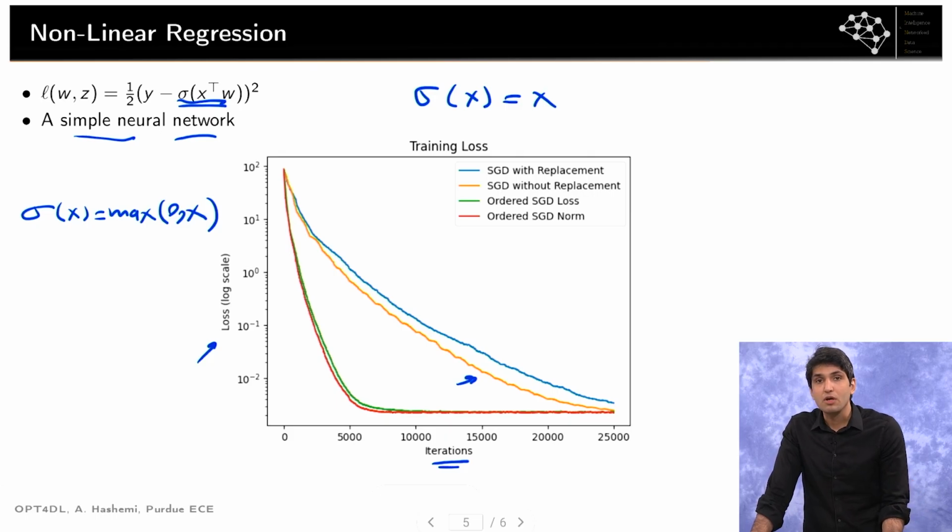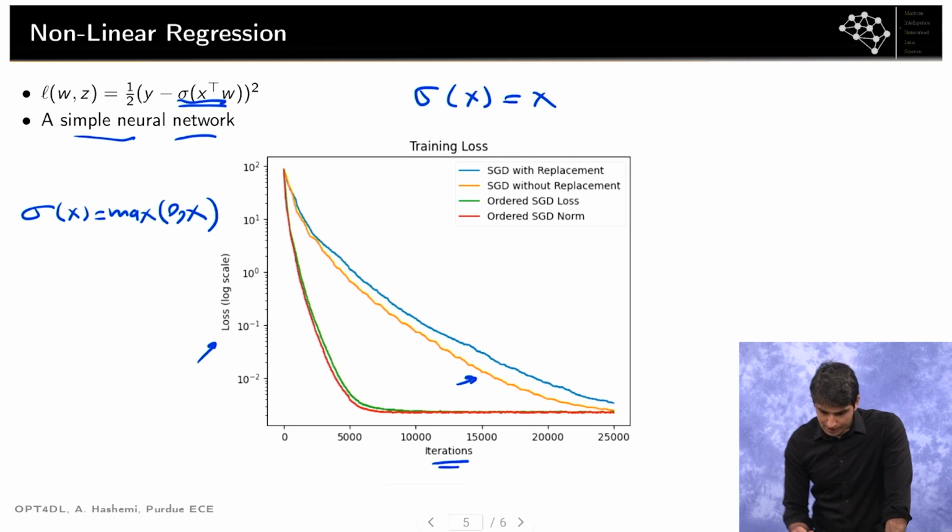Okay? So if I see a sample in, let's say, iteration 1, with replacement sampling, it is still likely to see that again. So it's not going to be quite useful for me. But when the sampling is done without replacement, every batch is going to provide useful and new information. So therefore, I should be able to utilize that and converge faster.